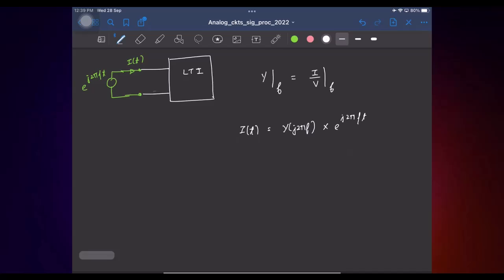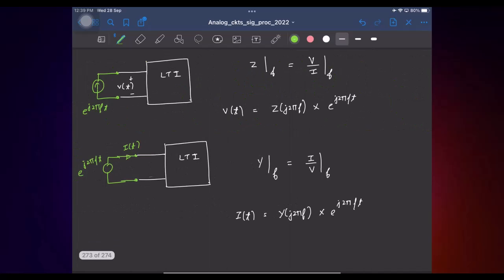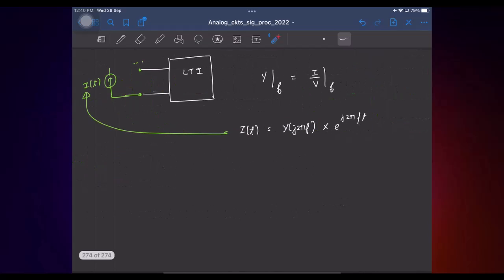Okay. So this is the admittance measurement experiment. Here, let us say instead of applying a voltage source, I replace this voltage source by a current source with the same value. What I am doing is, earlier I applied a voltage e power j 2 pi ft and measured the current. Now I am applying a current source with that same value that I measured earlier as the input. Clear?